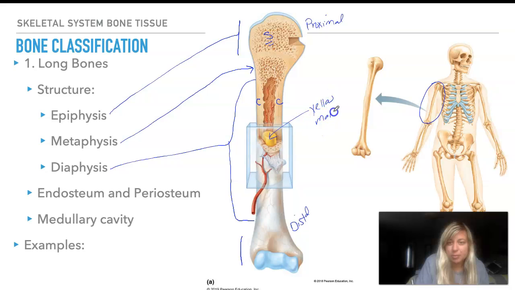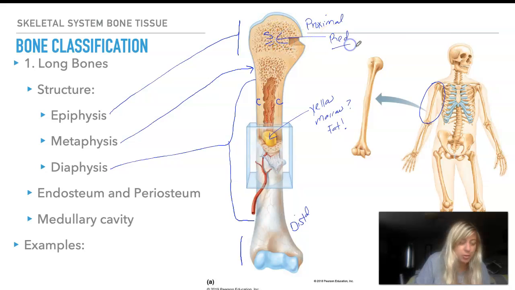And what was the yellow marrow important for storing? Fat. In young children and infants, this is red marrow for hematopoiesis, but as we age, it gets replaced with yellow marrow. As adults, we still have red marrow up here in the spongy bone, within the trabeculae of that spongy bone.